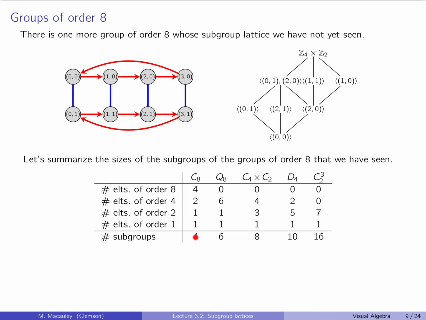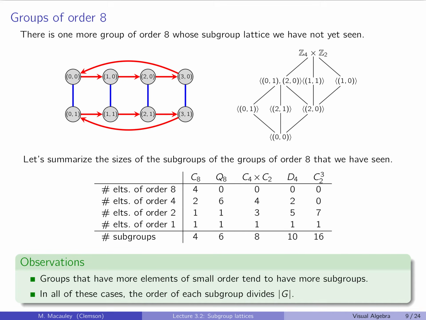So on one end of the spectrum, we have a lot of elements of large order and very few of small order. Here, this is kind of moderate. We don't have anything of order 8, but we got elements of order 4 and only 1 of order 2. Now we have more elements of order 2, and now we have even more. And over here, we don't have any elements of order 4 and 8. And notice how the number of subgroups is increasing along this direction.